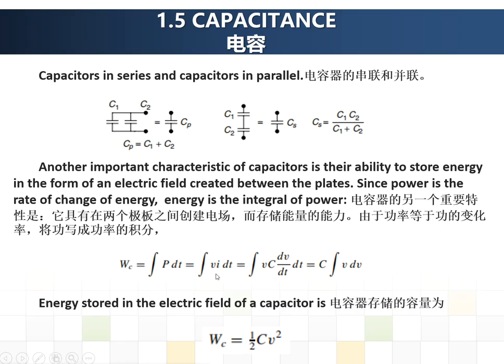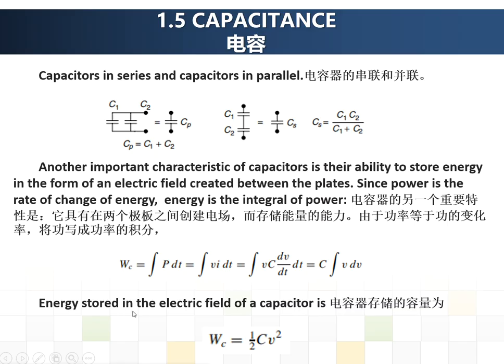And the current I, as we have learned, is equal to C multiplied by dV divided by dt. Therefore, the energy stored in the capacitor is equal to C multiplied by the integral of the voltage.